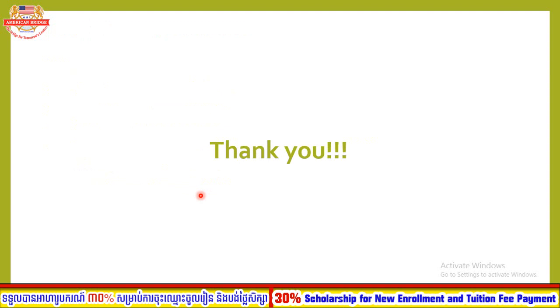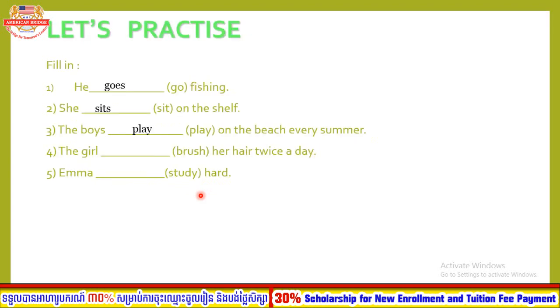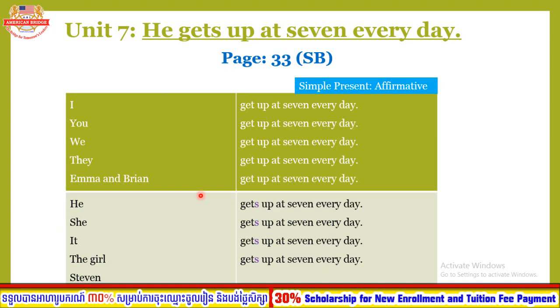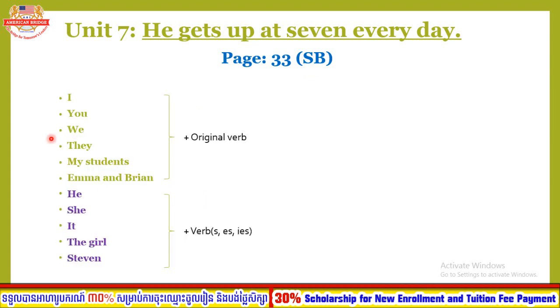Okay, before I end this video, let me sum up a little bit about what you have learned with me related to the present simple. Okay, so for present simple, we need to divide the subject into 2 different groups. This one is group 1: I, you, we, they, and plural nouns like students, girls, parents, Emma and Brian, to name a few. So we use it with the original verb or base verb. Got it?